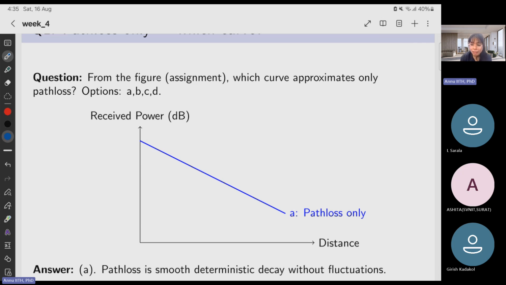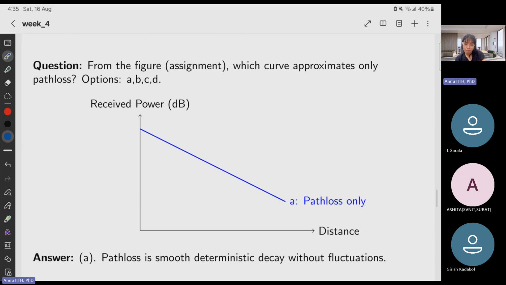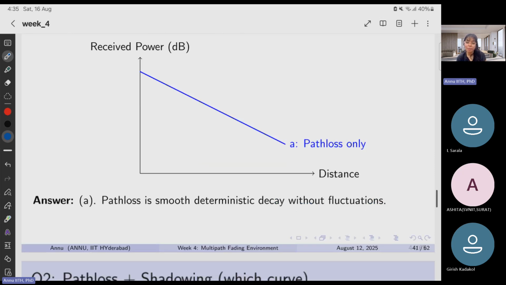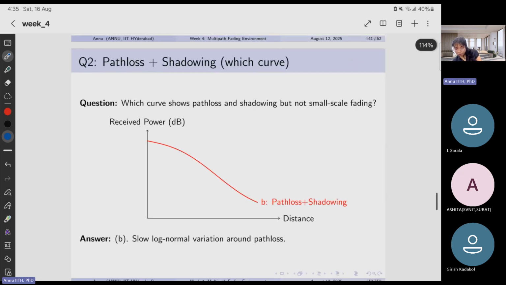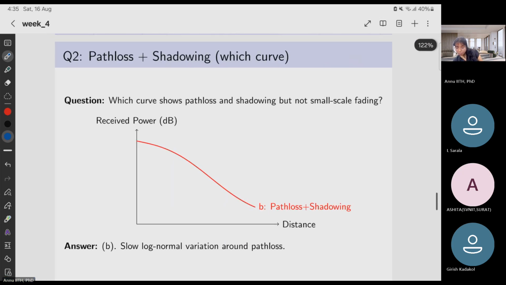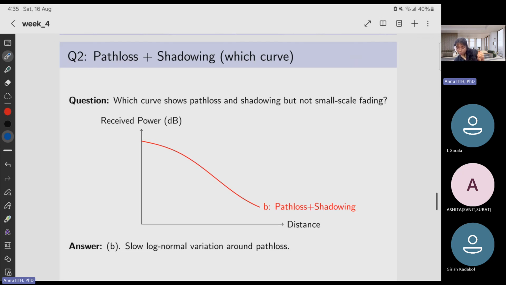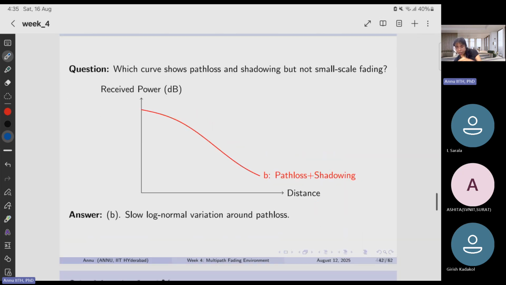As you know, in dB, everything is a sum, right? So it is the direct straight line, because path loss is a more deterministic decay without any fluctuations. It is in dB, that's why. And what if we have shadowing? Then it is the slow, long, log-normal variation across the path loss. It is the red curve.